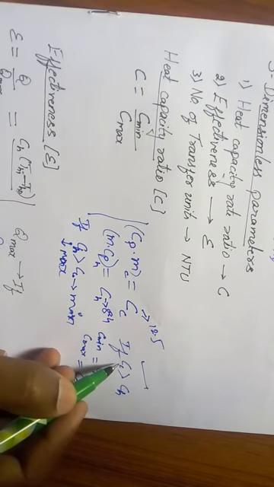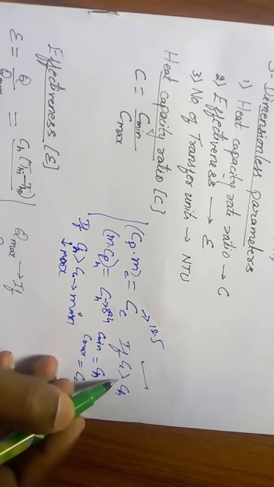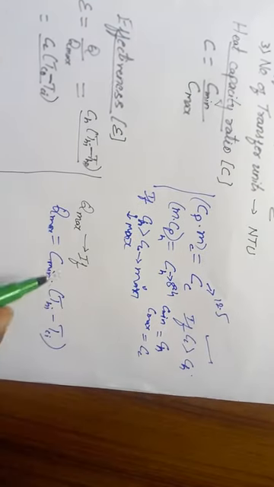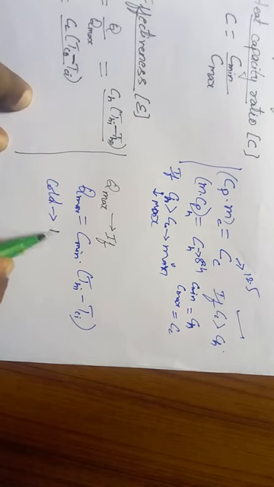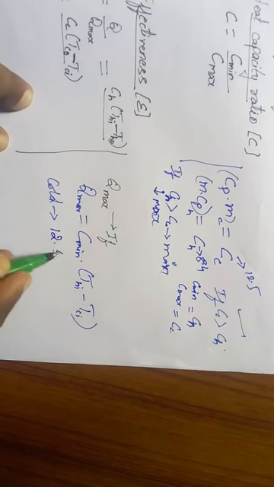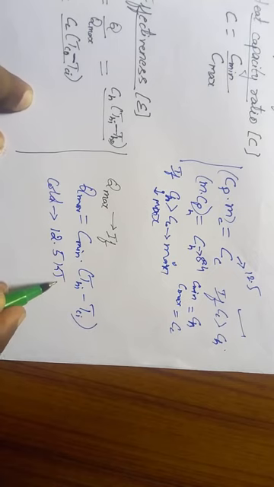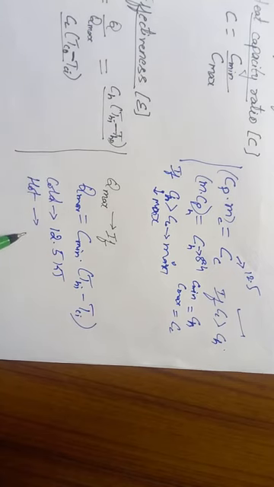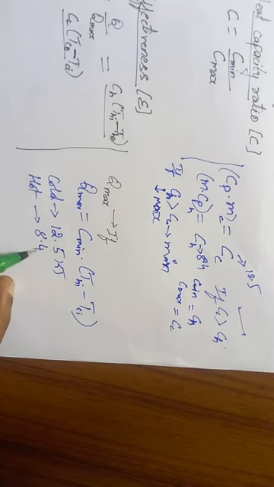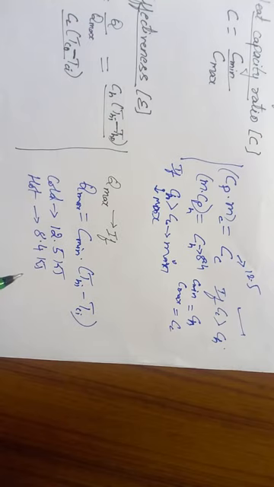So Cc is greater than Ch. That means the cold fluid has the ability to receive 12.5 kilojoules of heat, and the hot fluid has the ability to give 8.4 kilojoules of heat, right? So this is C minimum and this is C maximum.